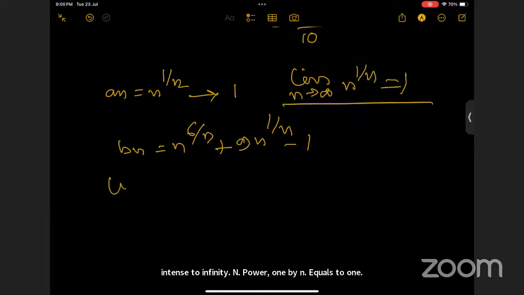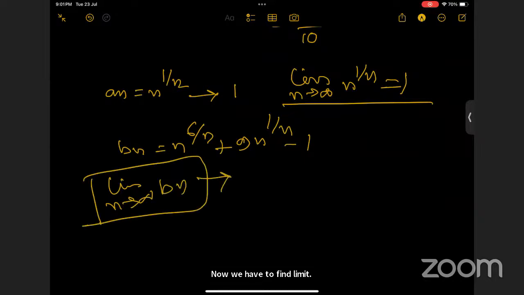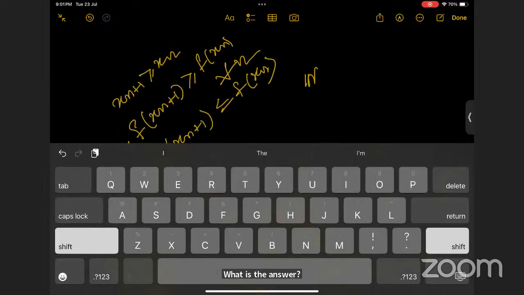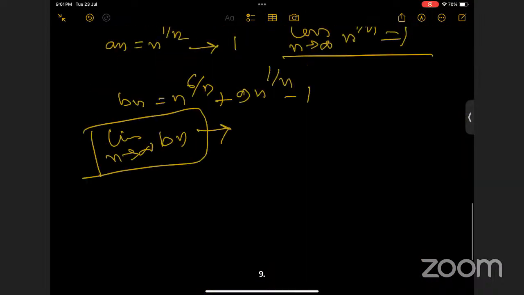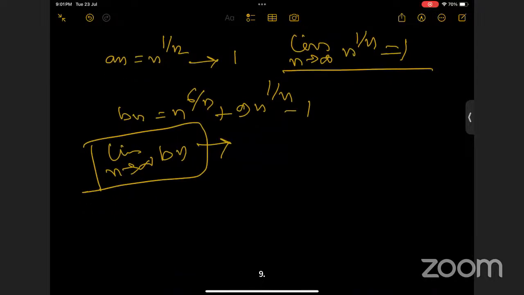Now we have to find limit n tends to infinity of bn. You can do it on your own. What is the answer? 9, right?